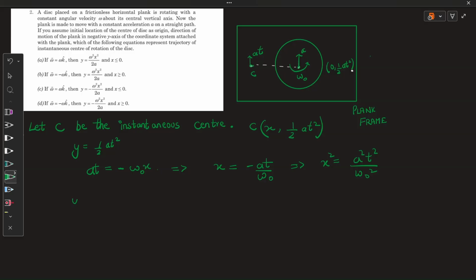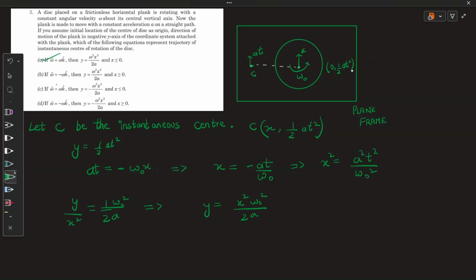Let's divide. y by x square is nothing but half at square over a square t square by omega naught square. Now 1 by a goes into the denominator and omega naught square goes to the top. So I get y is nothing but x square omega naught square by 2a, which is this particular thing, and x is negative. So option A is correct.